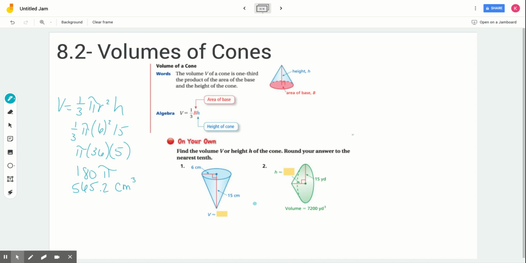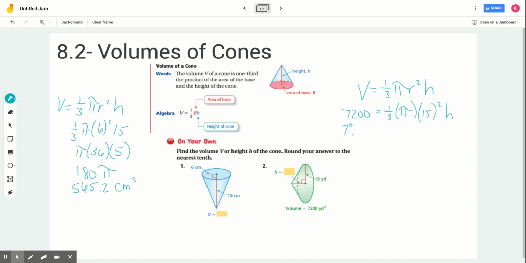Now, using number 2, we are given the volume, so we are going to try to solve for the missing piece. Again, 1/3 pi r squared times the height. We know the volume is 7,200. We know that the radius is 15, and we are missing the height.